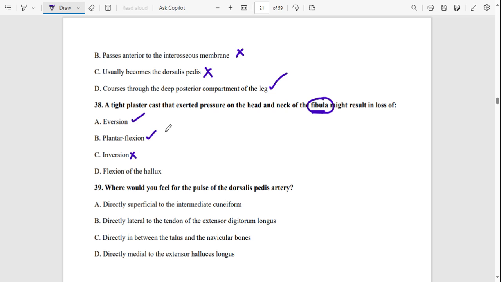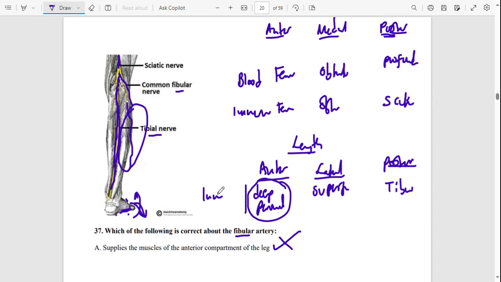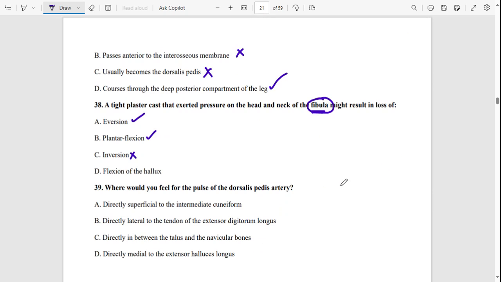Same with plantar flexion. Plantar flexion is where you move the foot downwards like that. You look at the innervation which is going posterior. What is that one? It's the tibial nerve. So obviously it shouldn't be this one. Same with the flexion of the hallucis. What is going to the hallucis is not the fibula.